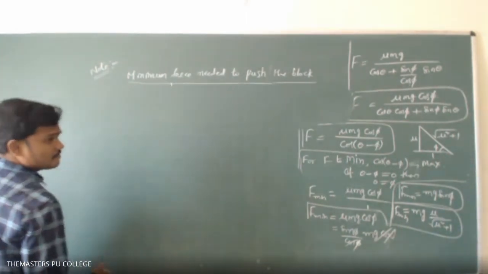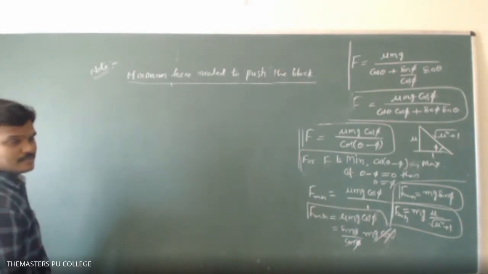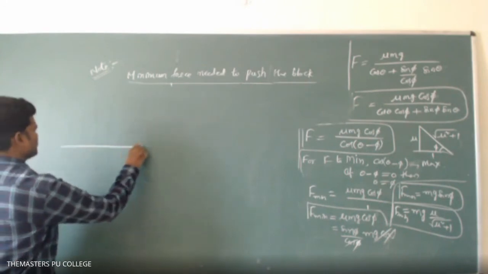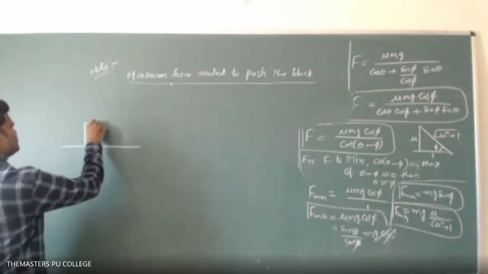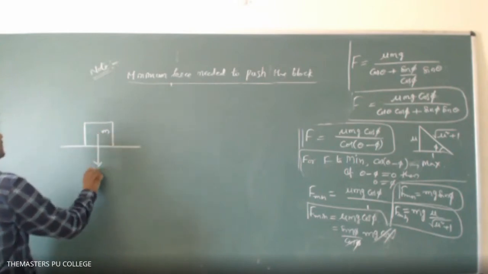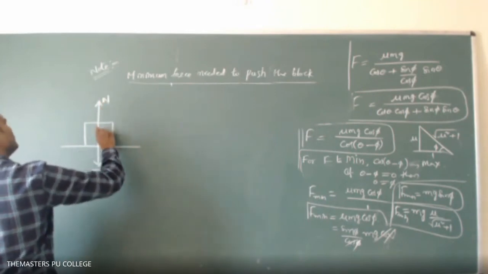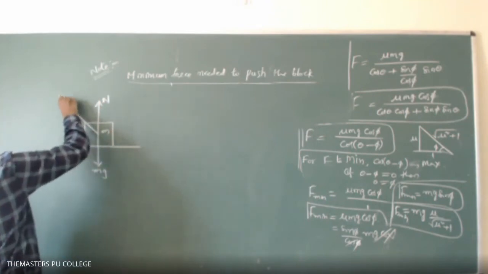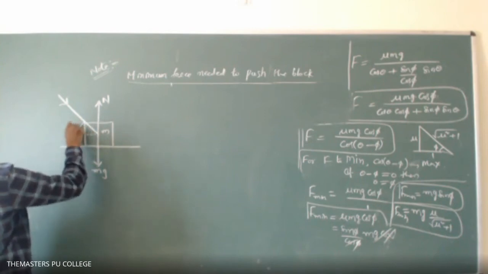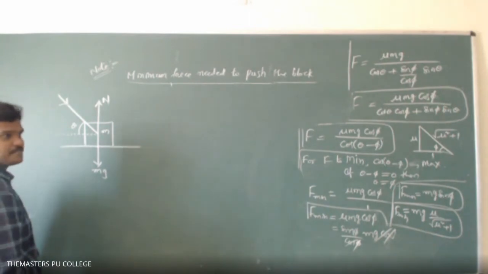Let me show the diagram. By using the diagram, you try to extend the steps. Find out the minimum value of the force. See, this is the block. Mass is m. Weight of the block is mg. Normal reaction is upward. And let me push the block like this with the force F. This is theta. I'll give the diagram. You try to extend the steps.